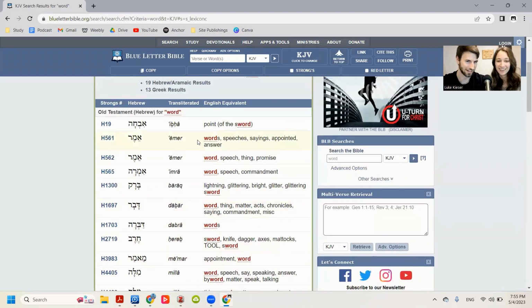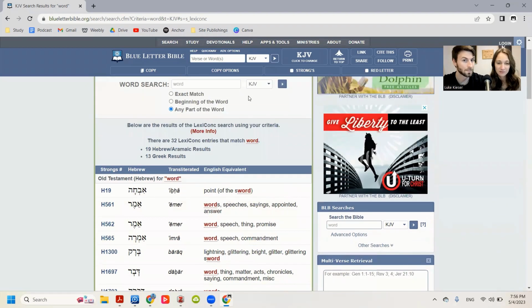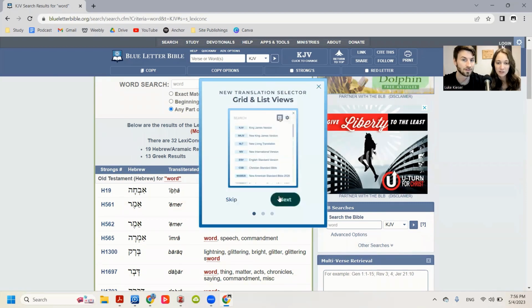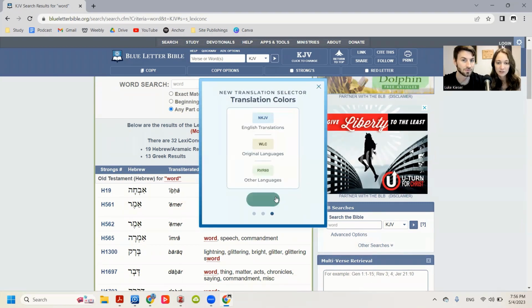So we're not looking at that really. Okay. We're looking at like this. We have word, like these are all different Hebrew words. Well, those are all from the same root, but that are translated as word in the King James. Okay. Can you change it to not be King James? Does it have to be King James? You can do other translations as well.